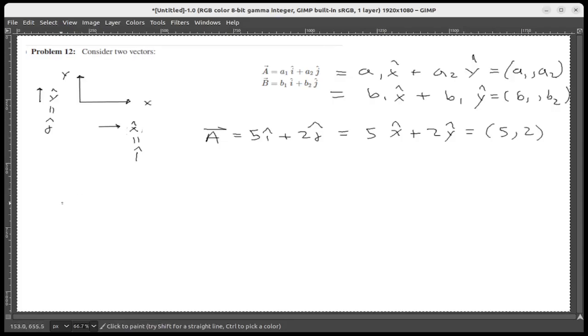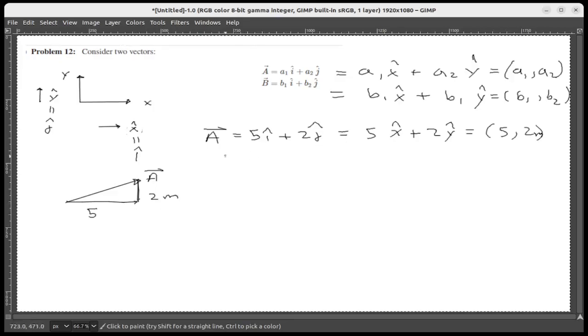And so what would that vector look like? It would look like going over 1, 2, 3, 4, 5 in the x direction, and then you have to go up 1, 2 in the y direction. And this would construct for you the vector A. And maybe the units are meters, I don't know.